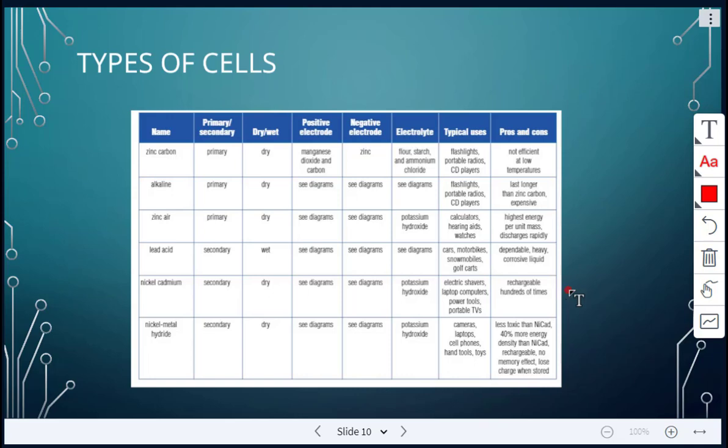Nickel cadmium, you're able to recharge it hundreds of times. A nickel metal hydride, it's less toxic and it does have more energy density than the nickel cadmium. It is rechargeable. So yeah, lots of pros and cons you can see there for those different types of cells.